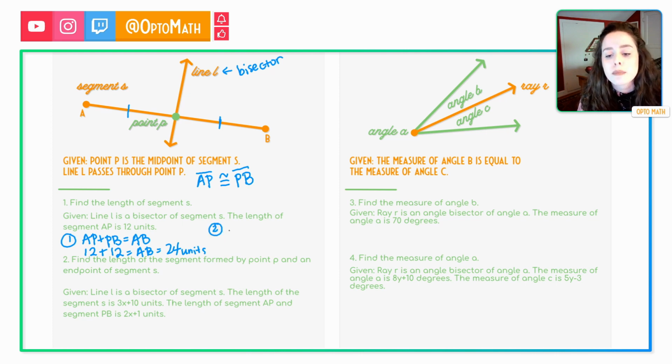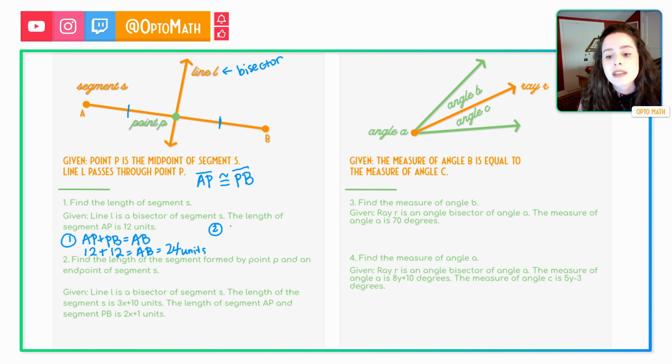Let's do a second approach. So we know that AP is half the length of the entire segment S, or segment AB. Again, AB is the same as segment S, so when I wrote that here, even though it says to find segment S, they're the same thing. So just to be clear there.